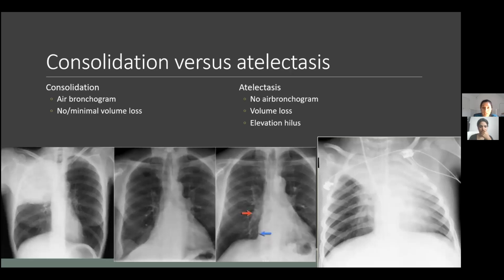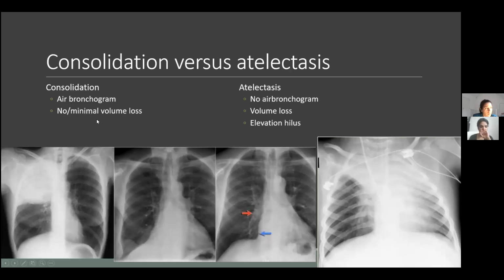One thing that I often hear from clinicians is whether we are looking at a consolidation or atelectasis. It might be really difficult to differentiate, but look for signs of an air bronchogram. An air bronchogram is seen in consolidations, but is usually not seen in atelectasis.